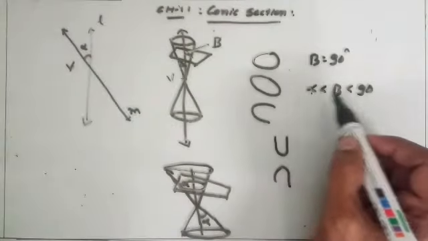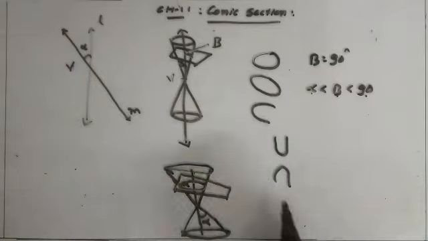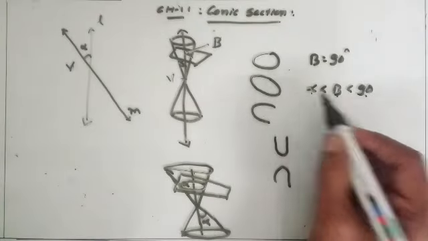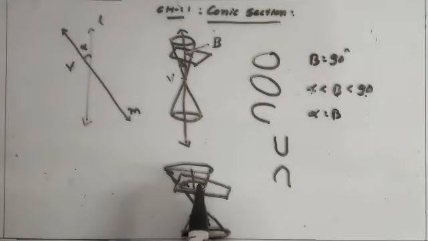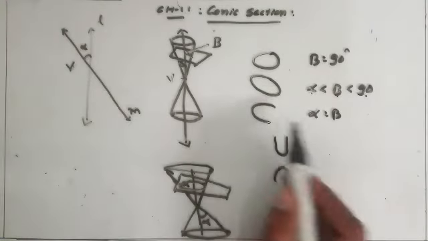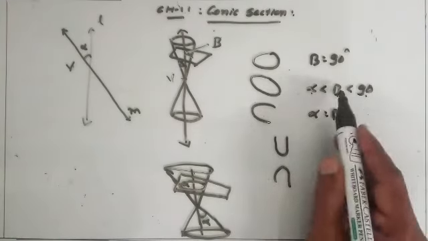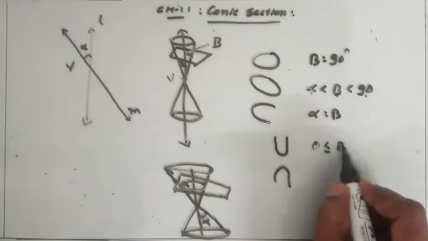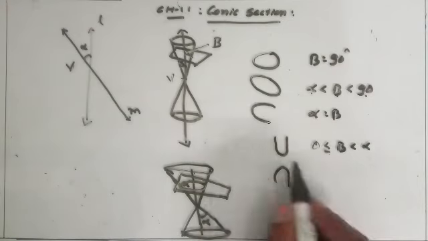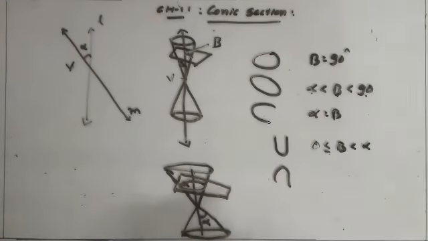So alpha less than beta less than 90, then we get an ellipse. If alpha and beta are equal, alpha is equal to beta, then we get a parabola. And if beta is less than alpha, that is 0 less than or equal to beta less than alpha, then we get this type of hyperbola.